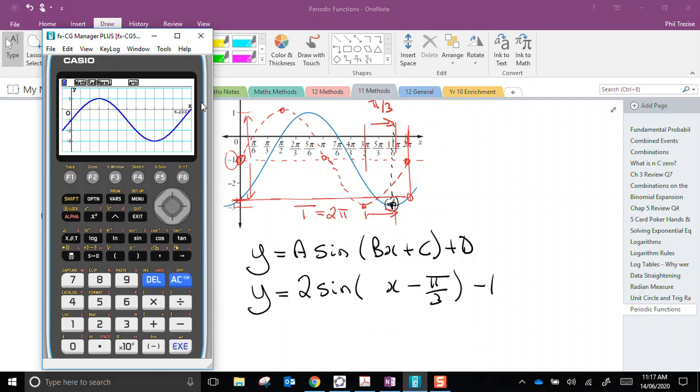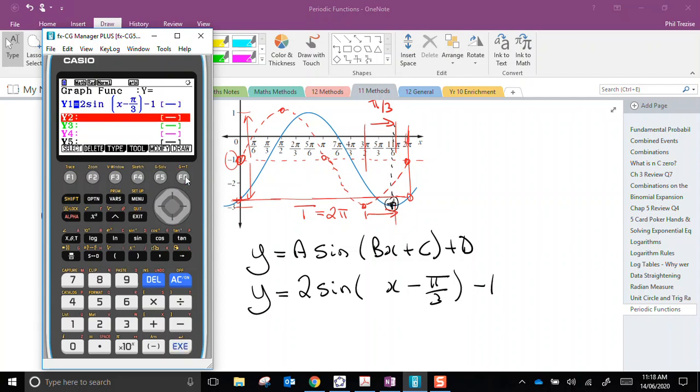And that certainly increased my amplitude as I wanted, so I'm now up to a maximum of +1, down to a minimum, and that's more or less what I've sketched there with the red dotted lines. The only thing is, I need to shift the thing to the right. Fortunately, b equaled 1 in this case, so shifting to the right means subtract, and I think just by lining things up on the grid, I think it was pi over 3.